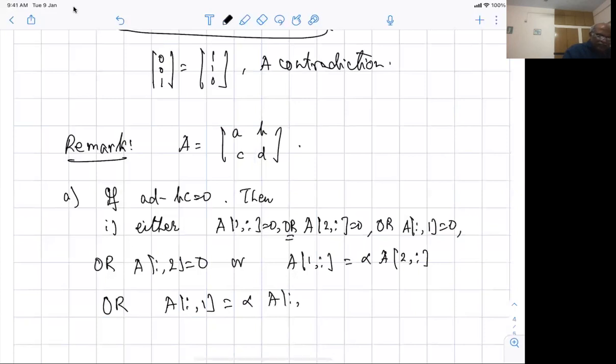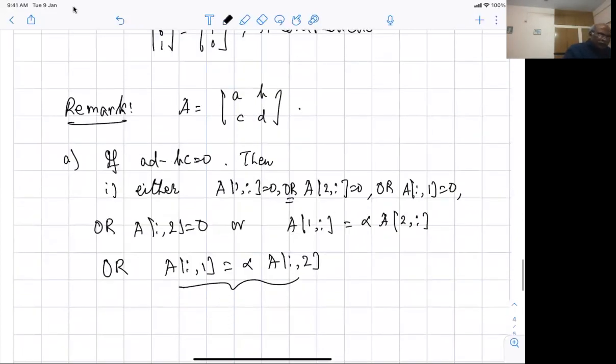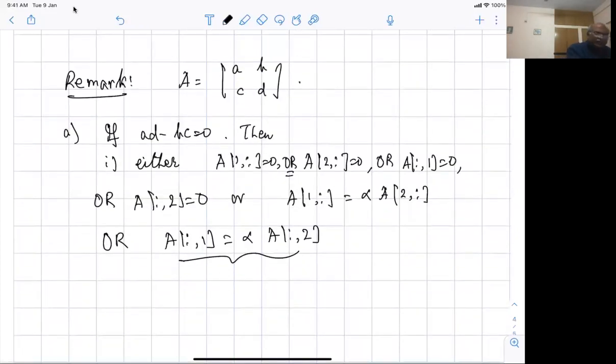So any of these things can happen. We saw in the examples that there is some relationship between the columns or the rows. That's what is important. We also looked at 3 by 3 that something else is there, but that's all for us.